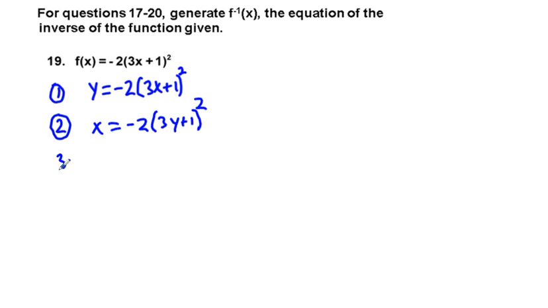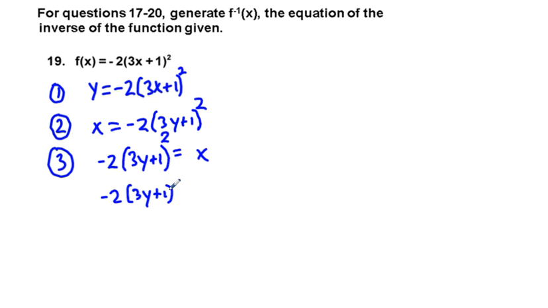Next, step 3, solve for y. So I'm going to put negative 2 times quantity 3y plus 1 squared equals x. Now the first thing I'm going to do to get rid of this squared, I'm just going to rewrite this down here to make it more apparent for demonstrative purposes.